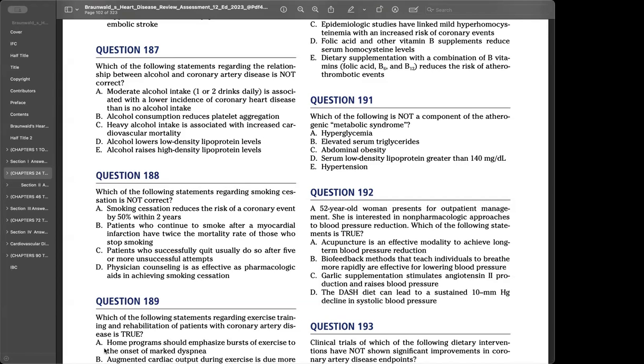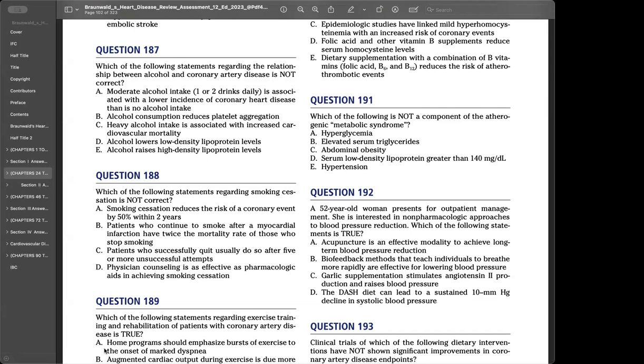Metabolic syndrome is a constellation of risk factors that increase the risk of adverse cardiovascular events. There are some underlying abnormalities in metabolic syndrome, one of which is insulin resistance. There are also other components like hypertension, dyslipidemia, obesity, and so on.